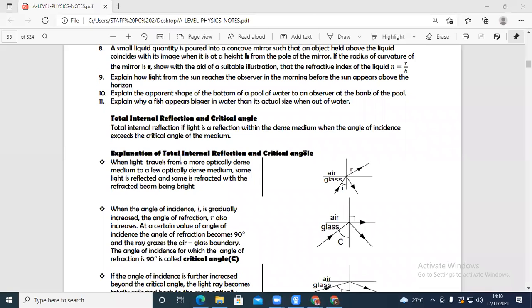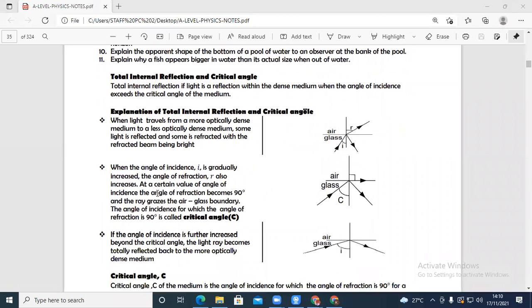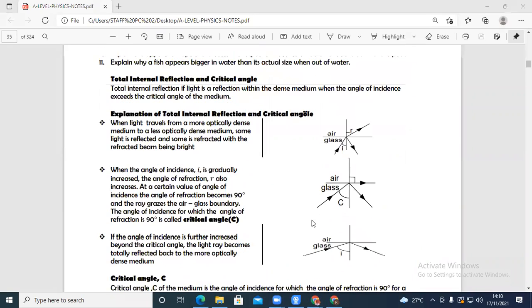So total internal reflection normally occurs when a ray of light is traveling from an optically dense medium to a less dense medium, and the angle of incidence must be greater than the critical angle. We are under refraction, but we are looking at total internal reflection.